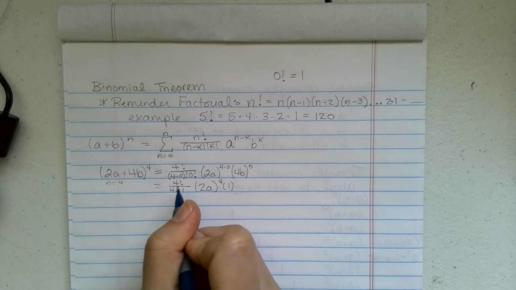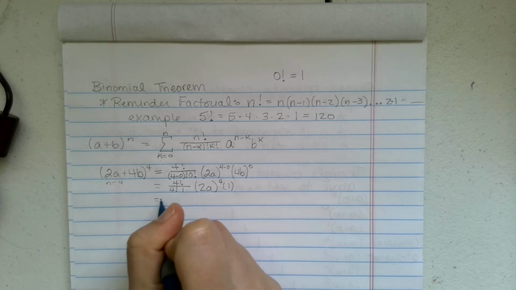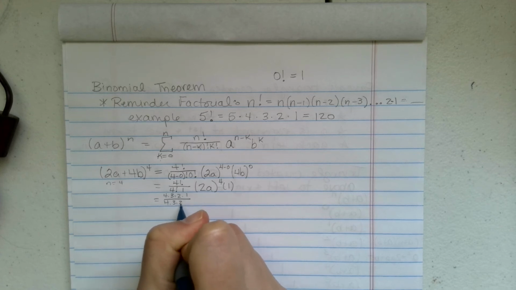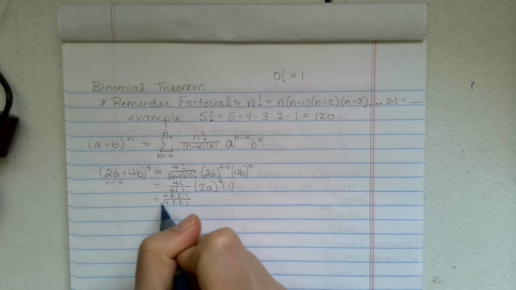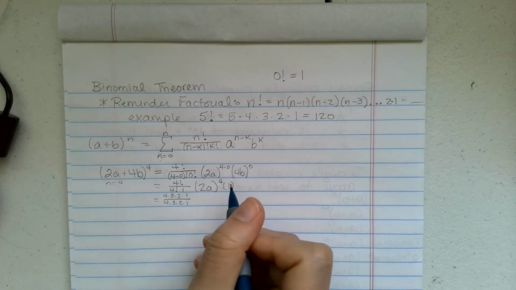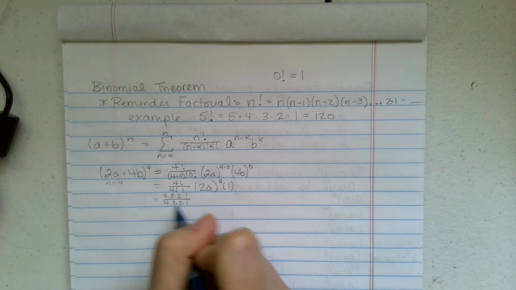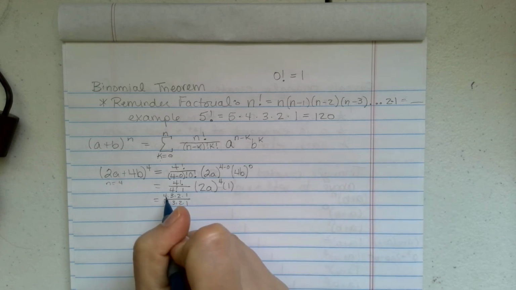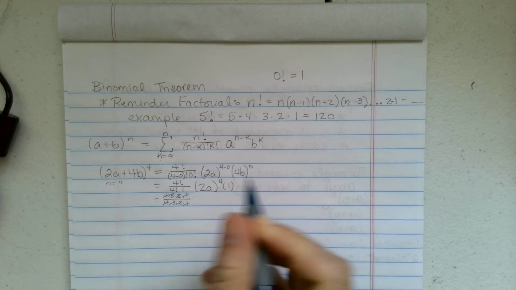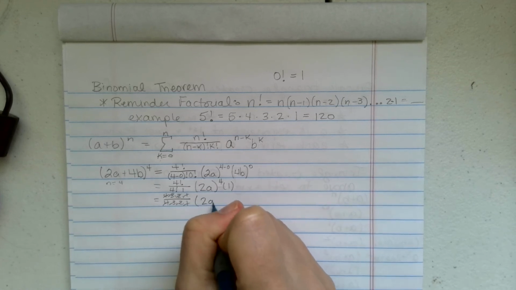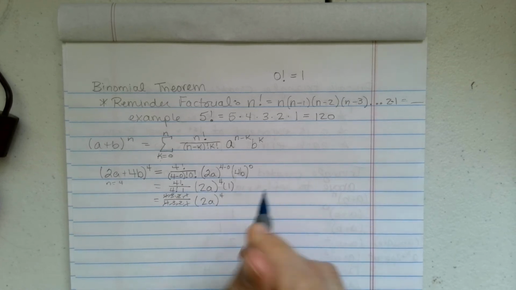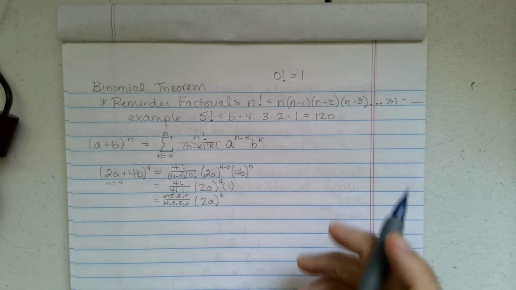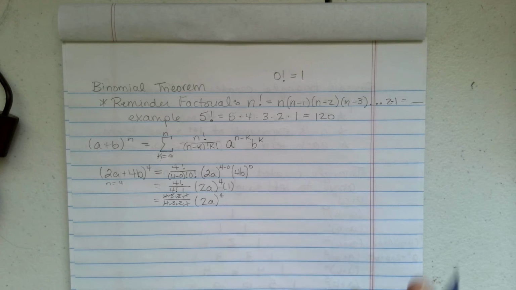So 4 factorial over 4 factorial is 4 times 3 times 2 times 1 over 4 times 3 times 2 times 1. Well, this is all product, so you can either multiply it out and say this is 24 over 24, which all of this cancels because it's all multiplication. So this term is just left with 2a to the 4th. But the process allows us to find those more difficult terms in the middle.